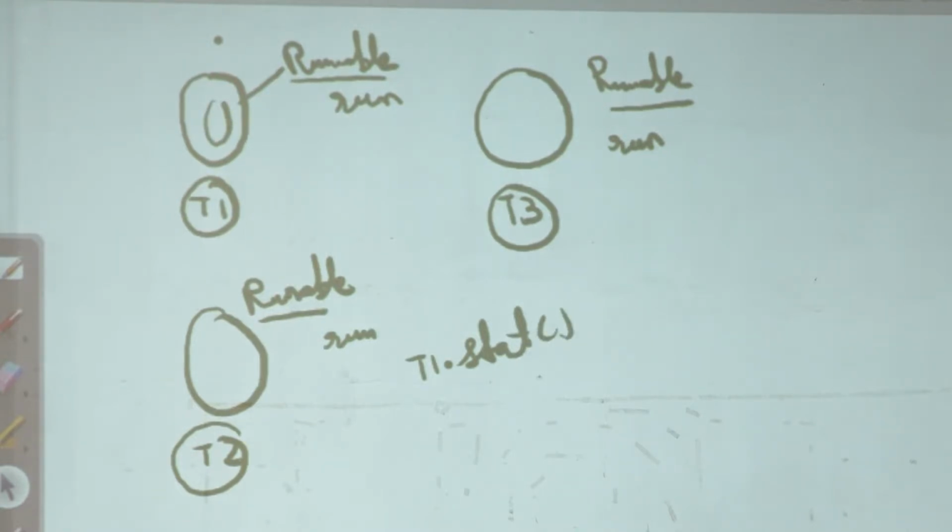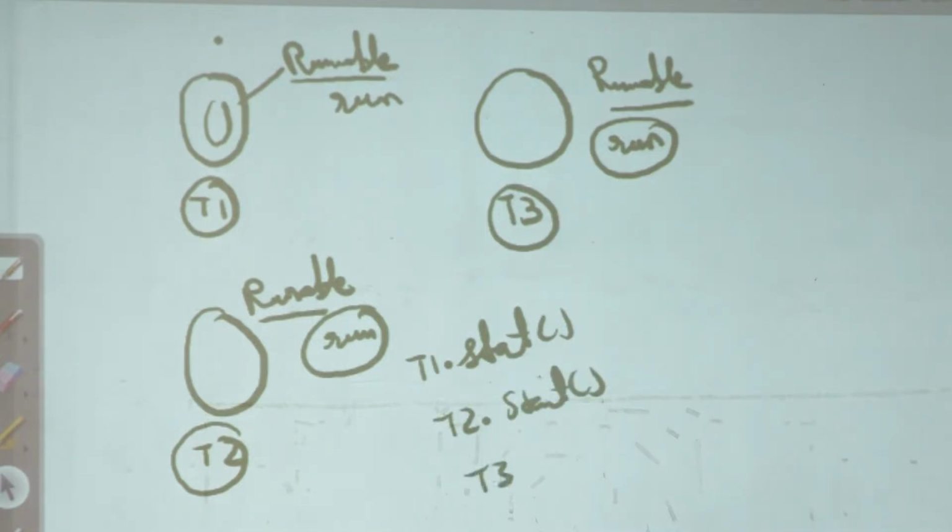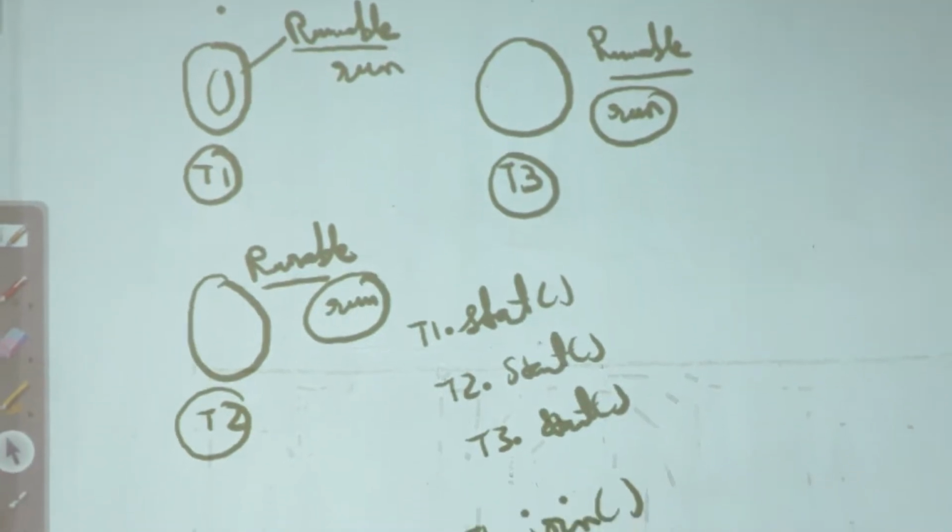When I say T2.start, this run method will run. And this run method will run when I say T3.start. So we had discussed how to make this happen. Then we also saw how to wait for a thread to finish by saying T1.join, T2.join, and T3.join.